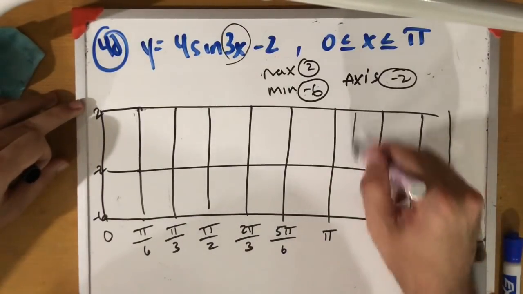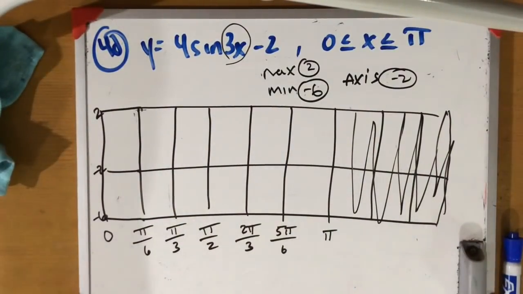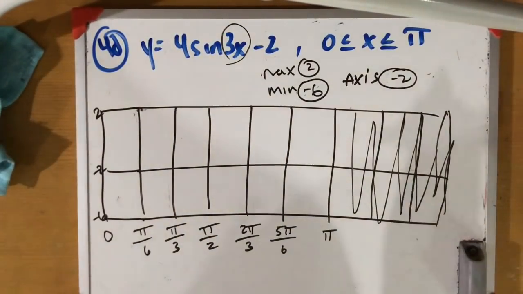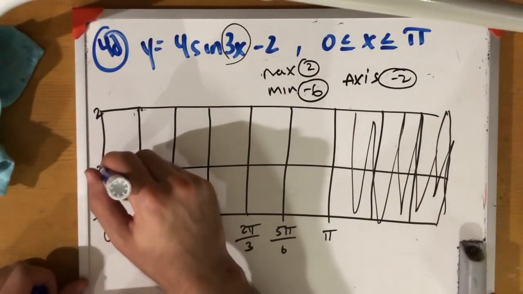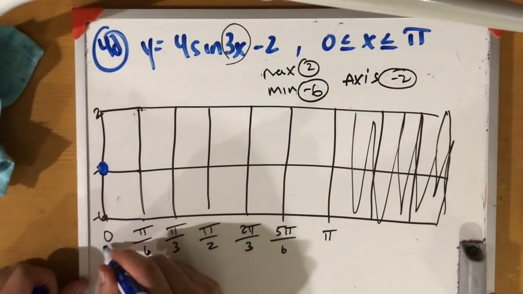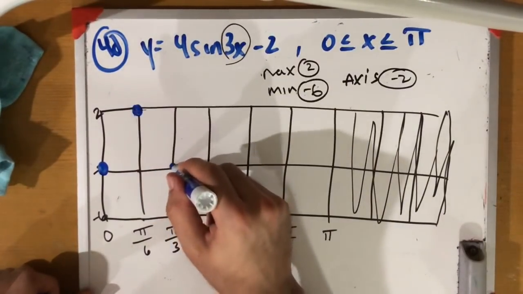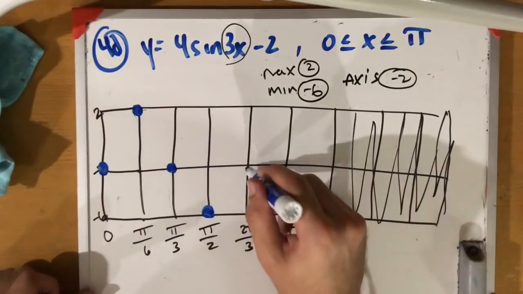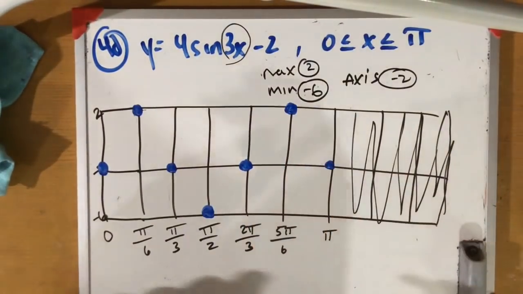Okay, we actually don't need this at all. Alright, so let's go ahead and do this. Again, cosine starts in the middle at axis when it starts at 0. We're going to go top, back to axis, minimum, axis, top, back to axis.